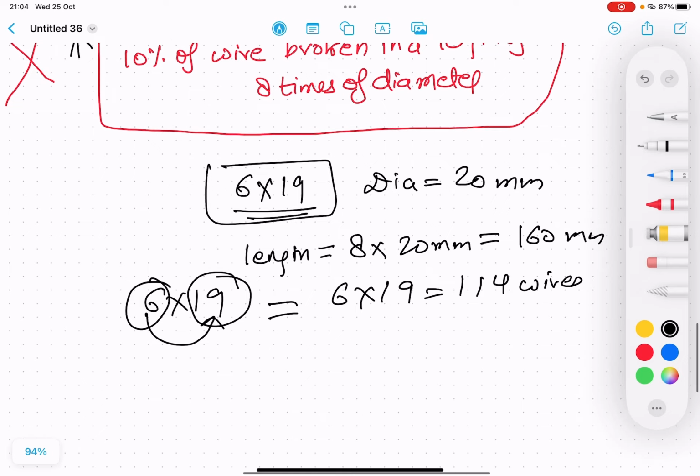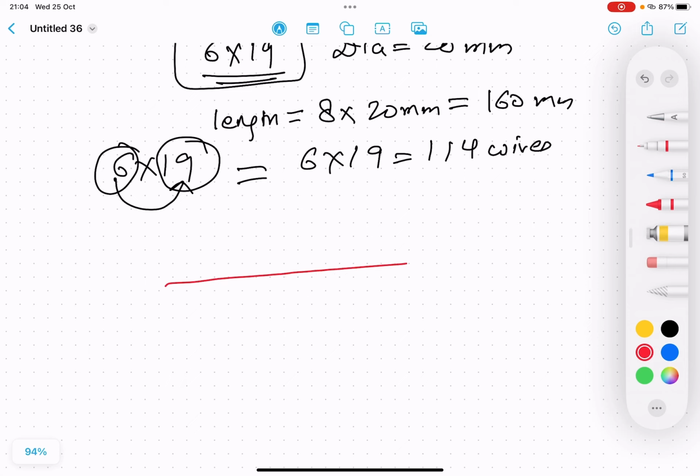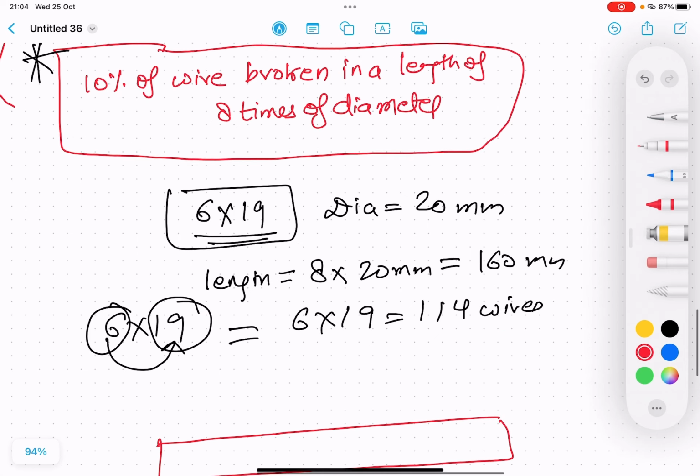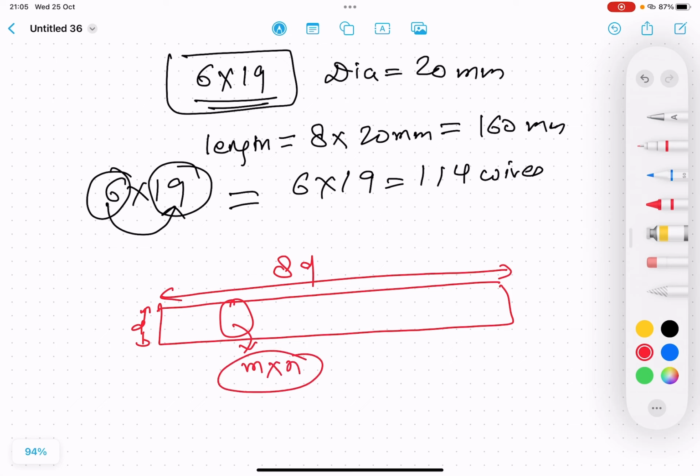If the diameter is d, then 8 times the diameter is the length 8d. If the construction is m into n, it has mn wires.